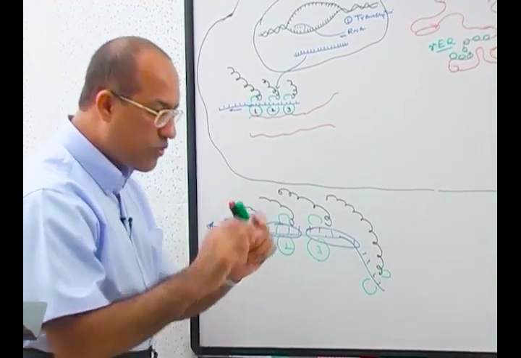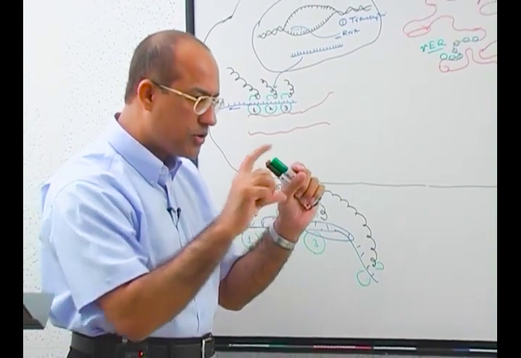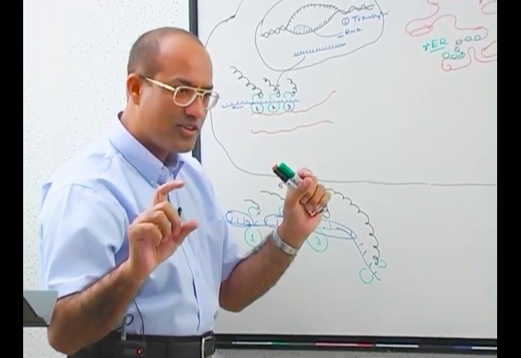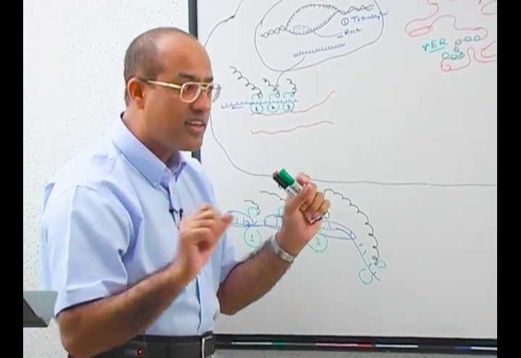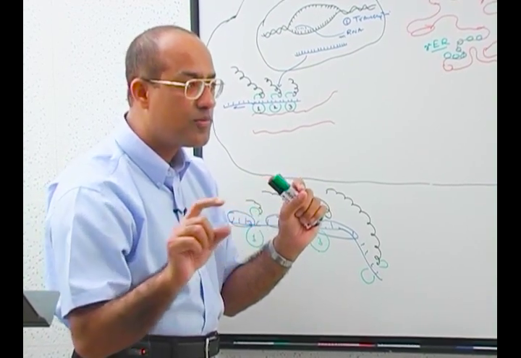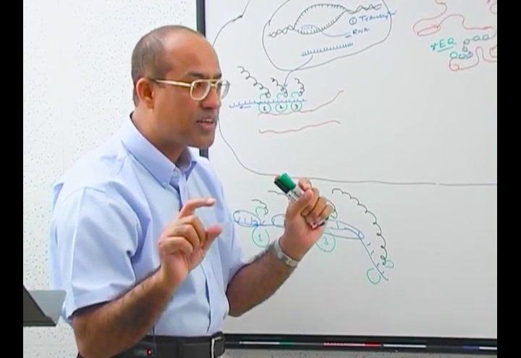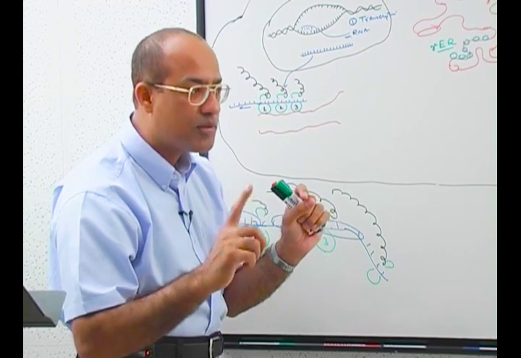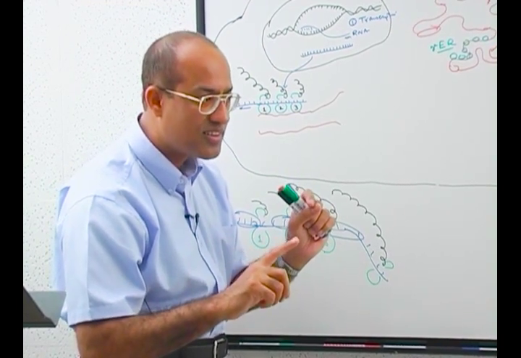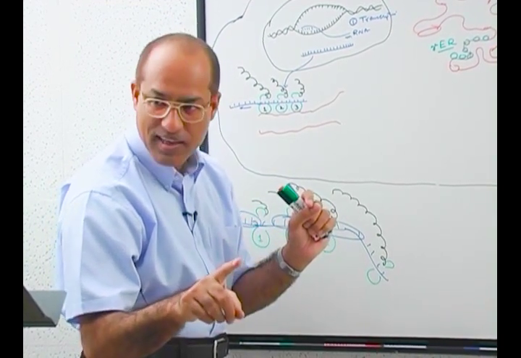So if one messenger RNA has 10 ribosomal units, it means it is being translated simultaneously into 10 peptide chains, but every peptide chain will have the same amino acid sequence. Do you get it? Yeah. Am I clear? Right?